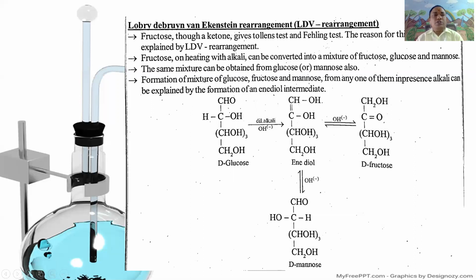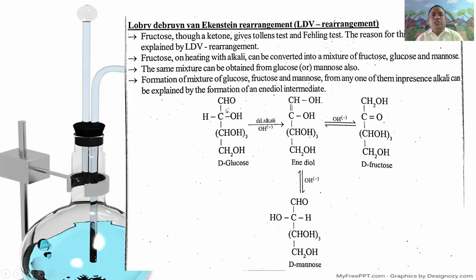Here, the formation of mixture of glucose, fructose and mannose from any one of them in presence of alkali can be explained by the formation of enediol as intermediate product. That is, enediol is an intermediate product.